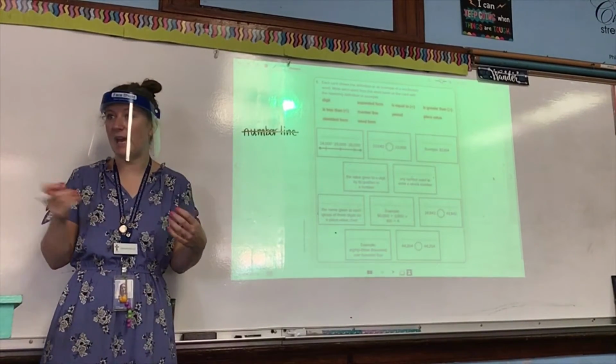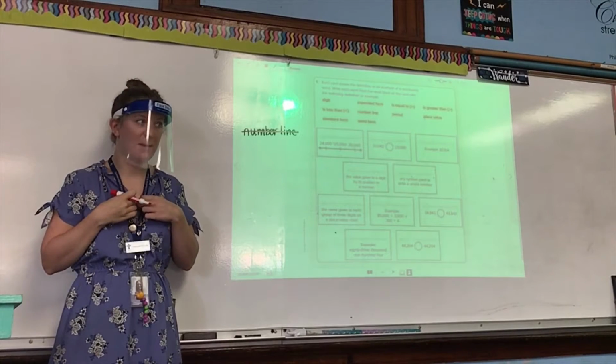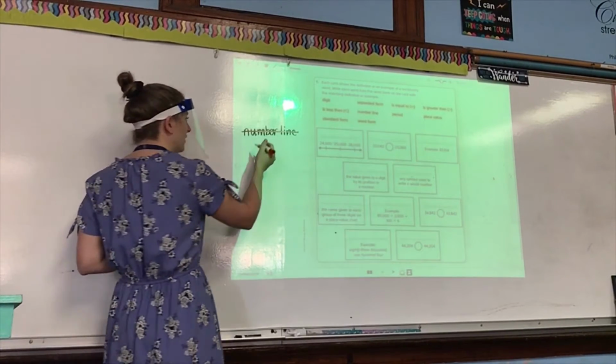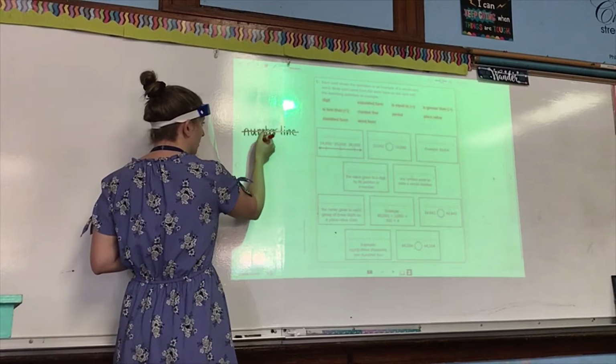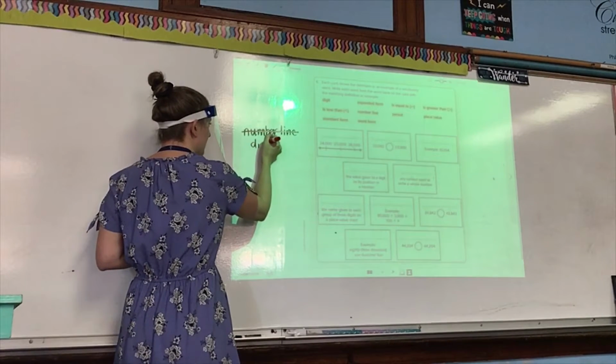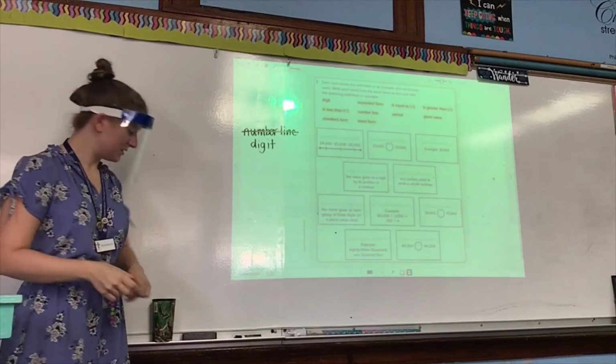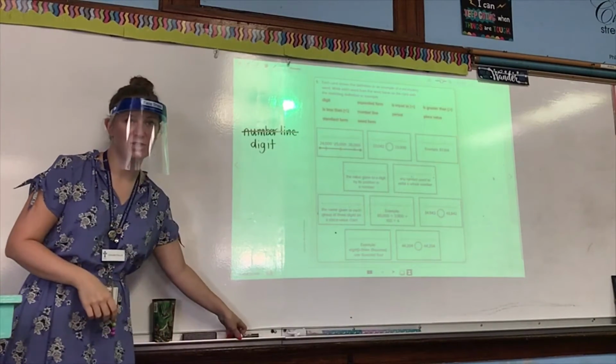That way I can see where a mistake may have happened, you can see where a mistake may have happened, and then underneath or on top or next to it, you write the correct answer. So does everybody understand how to check your work?